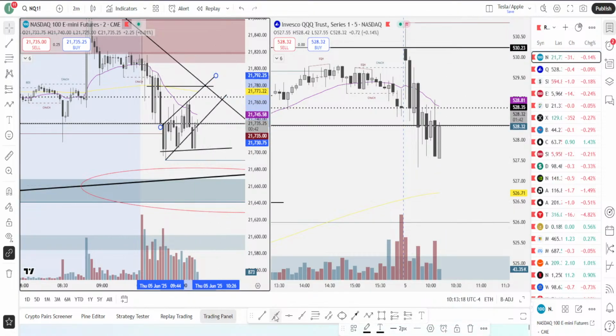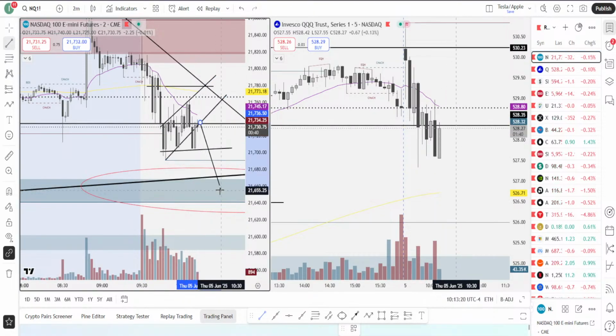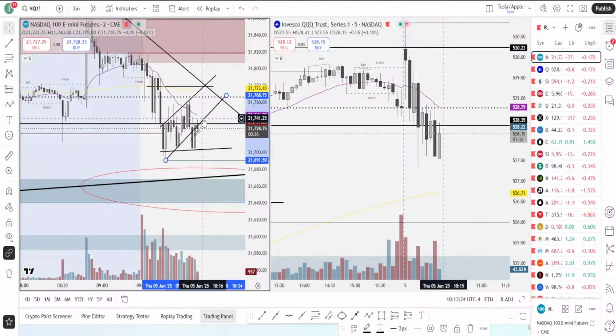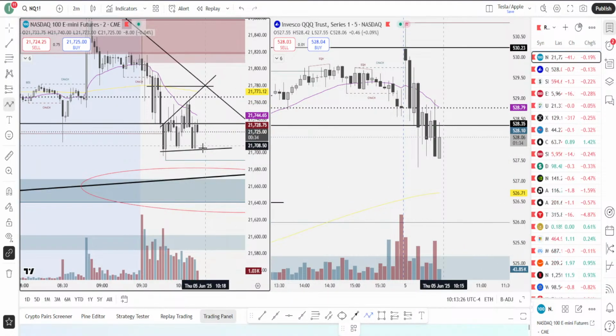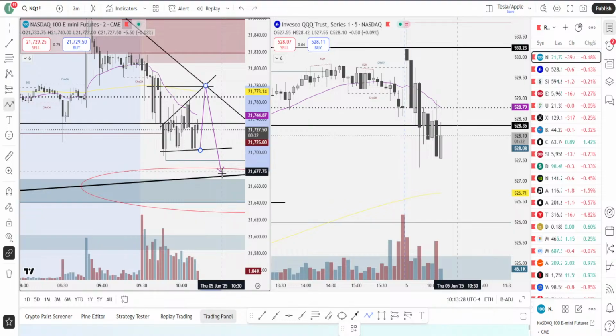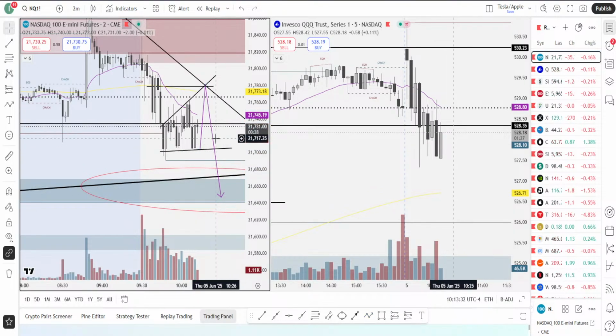There's a chance that we could bounce from this retest. If not, then what could happen is we could go up here and then come down as well.